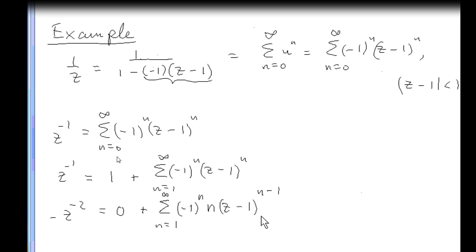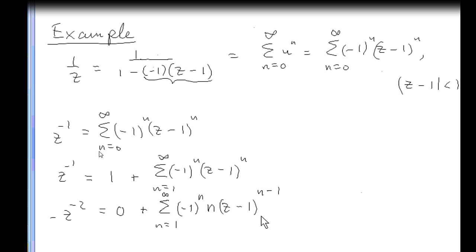Now I just let the counting variable go from 1 to infinity, just to not get any problem when n is equal to 0 here, because we are going to differentiate it eventually.